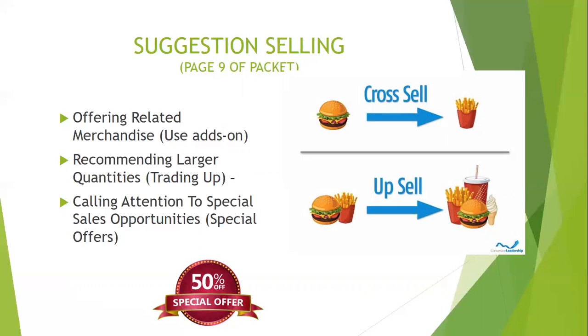For example, Rack Room Shoes does this a lot. They'll say, you know, if you buy one, you can get the second pair for half off, and offer you that special. This is really good when the customer may not know of those special deals. And so you suggest additional things they could get with their purchase. And so this is on page 9. And you will use these methods to complete that assignment.